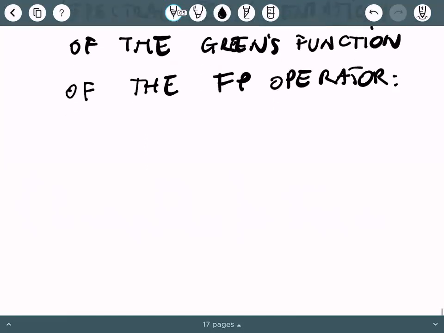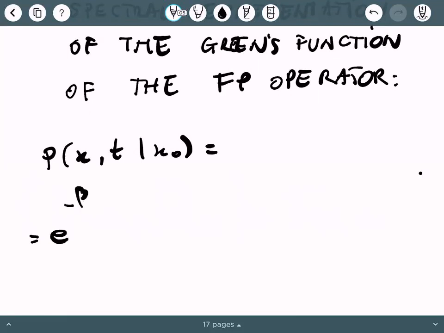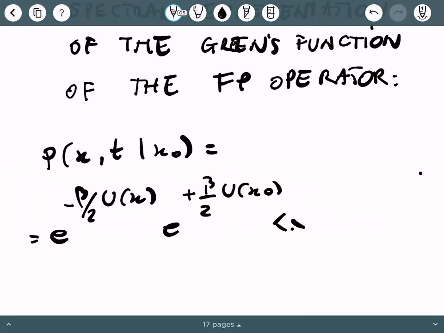In fact, we are interested in the probability to find a system at position x given the fact that it was at x naught at time 0. Fine. We have several times discussed the fact that I can write this in the following form. This is the effective Hamiltonian.